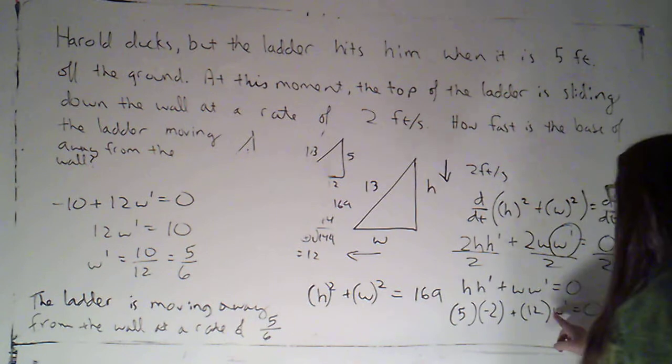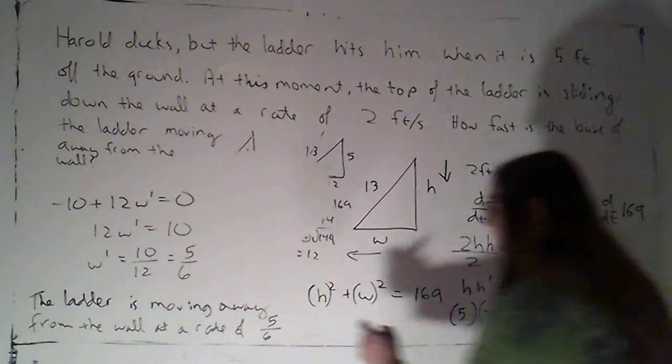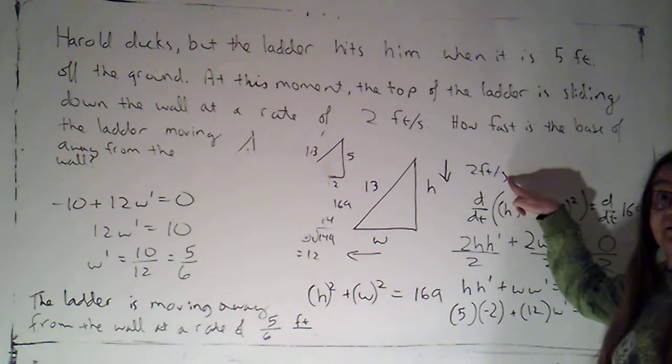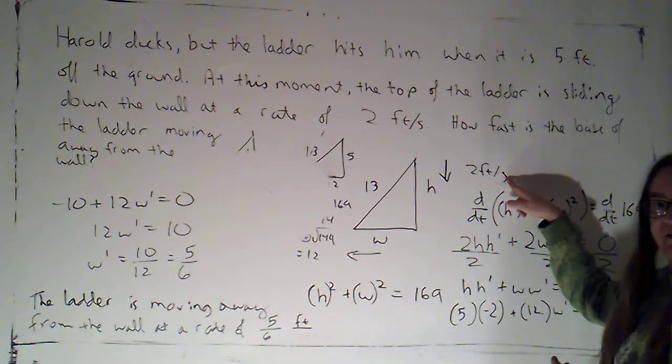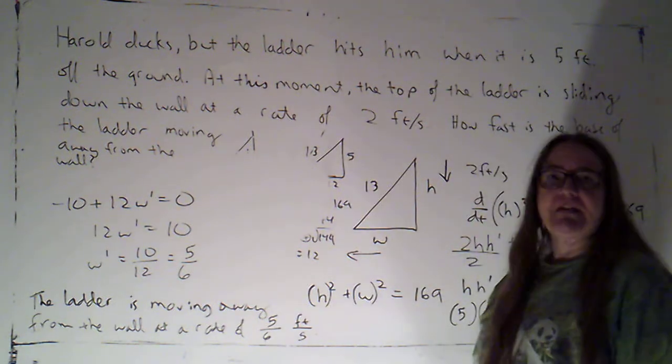So this was W prime, so it's going to be the units for W. That was a distance. We were measuring everything in feet, divided by the units for time, and it looks like we were measuring time in seconds because the other rate was given in feet per second. So that would be 5/6 feet per second.